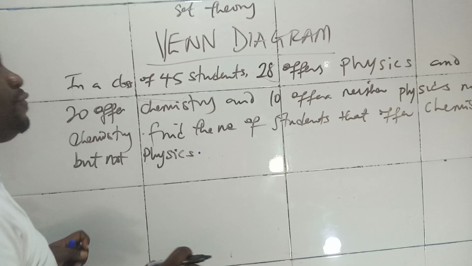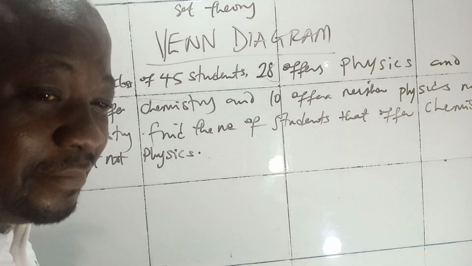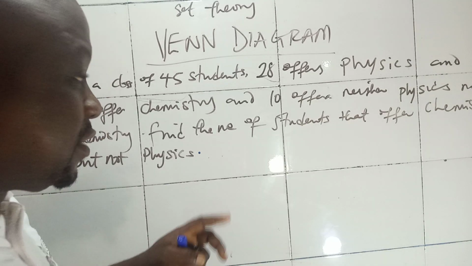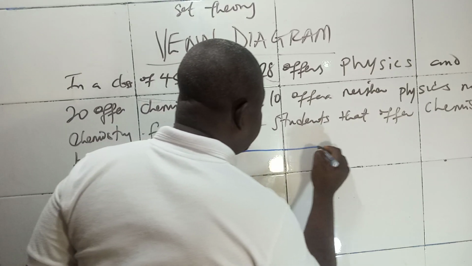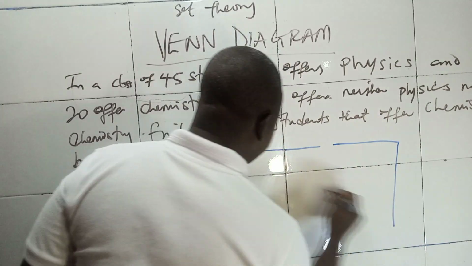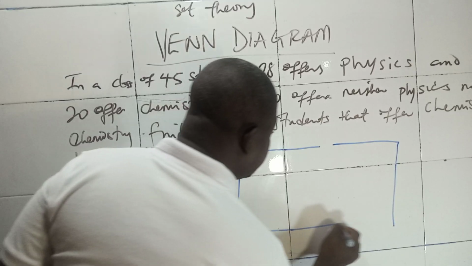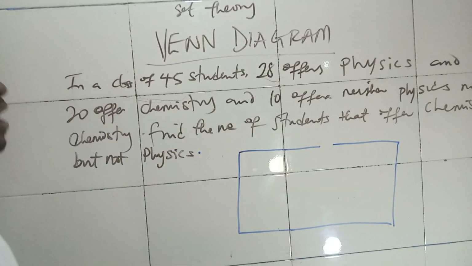The first thing you have to draw is your Venn diagram. And your Venn diagram must contain first your box. This is your box. Now you write out the parameters you are given.